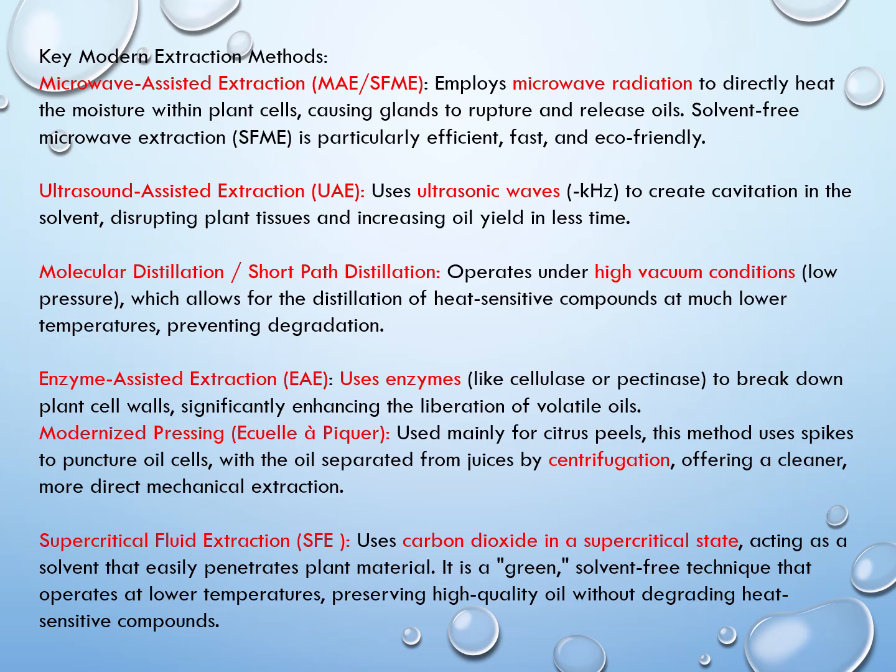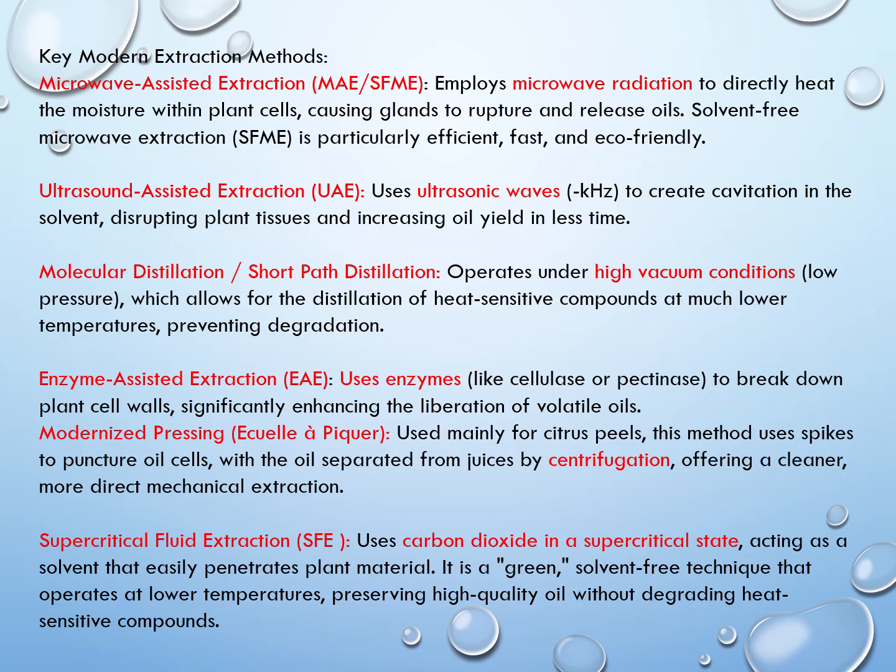Enzyme assisted extraction. Here we are using certain enzymes like cellulase or pectinase to break down the plant cell walls, which in turn makes the liberation of volatile oil easier. Then the modernized pressing or USLA method. Here the method is the same as USLA, but the oil is separated from the juice by means of the centrifugation process.